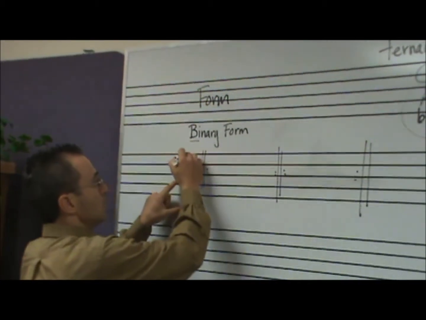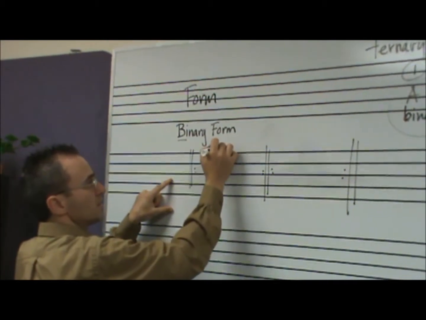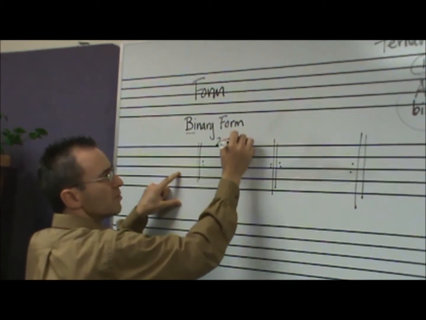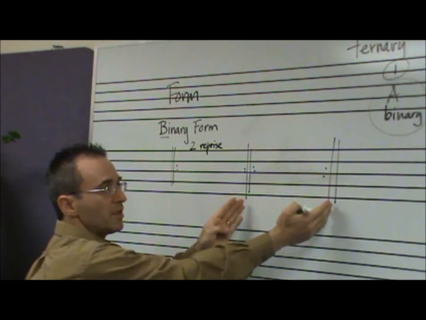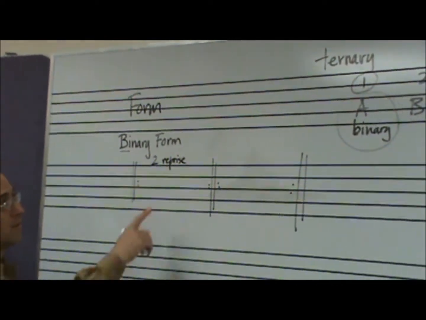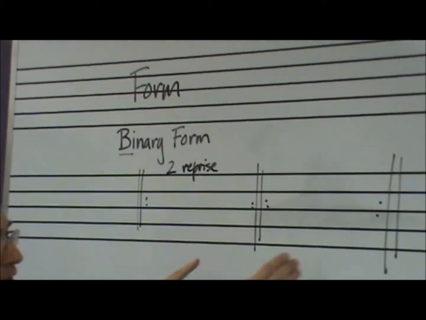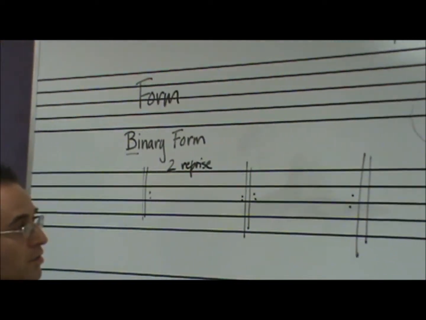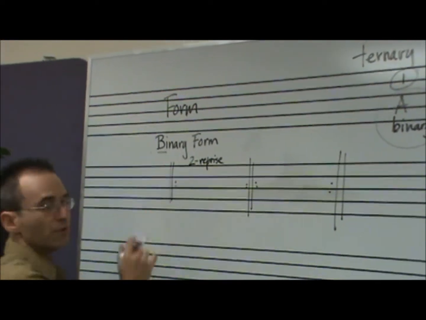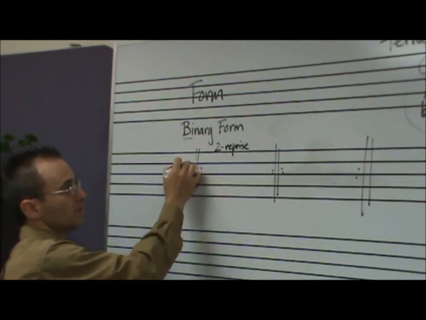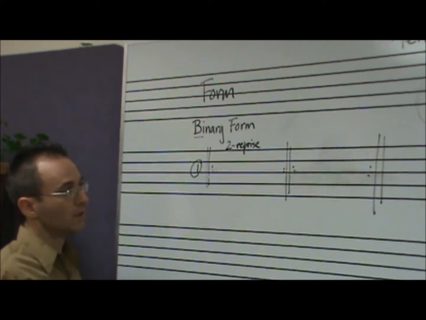One is it can be two reprises. In other words, if you look at the page, you'll see these two repeated sections. Reprise is to bring back. And this is a reprise. This is a reprise. Two reprises make it two reprise form. That is one kind of binary form.